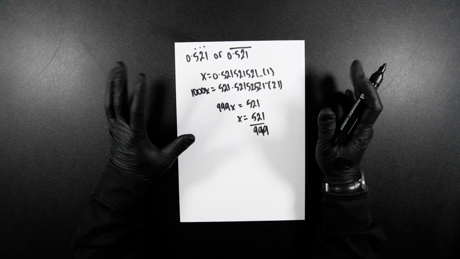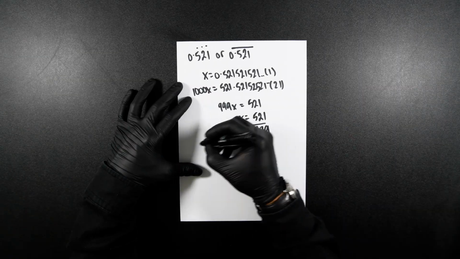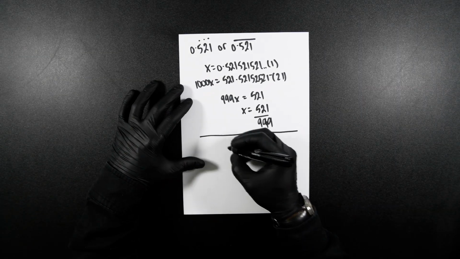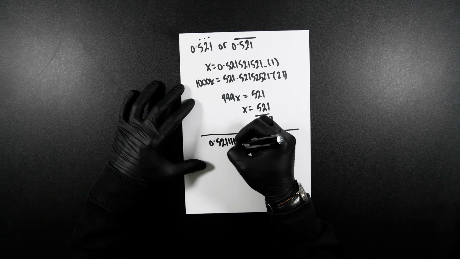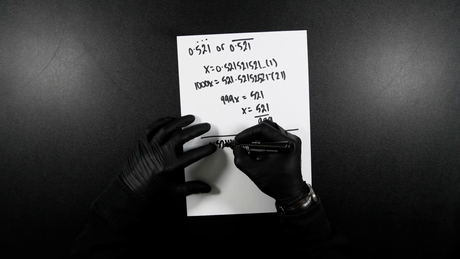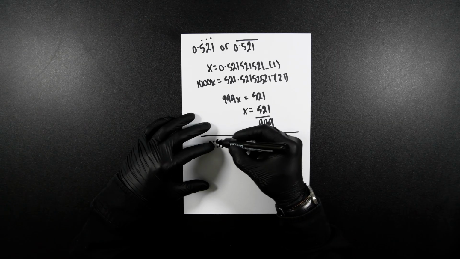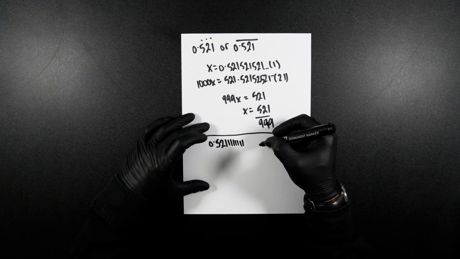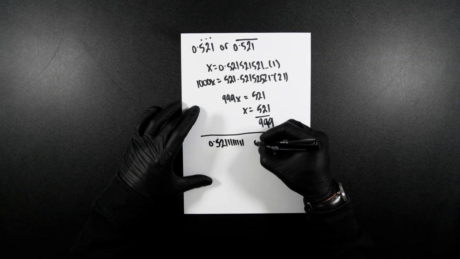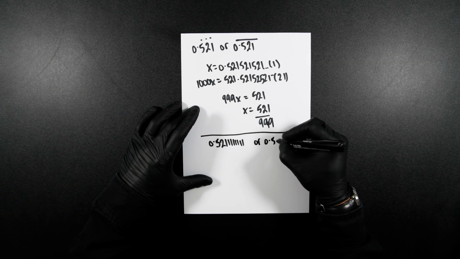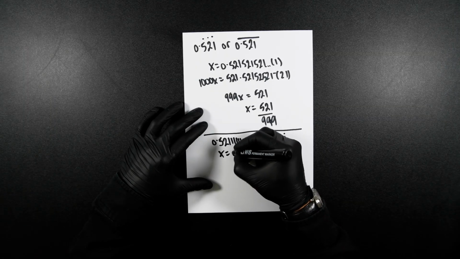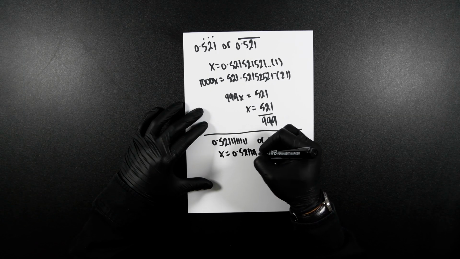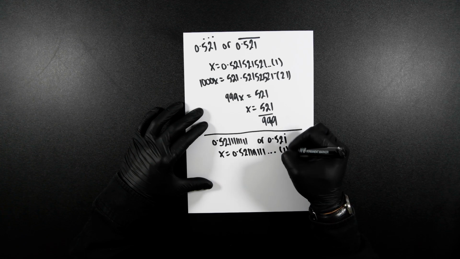So pretty simple, pretty good, we're pretty good. But let's make it a little bit more complicated. What if we have 0.52111111? So you've got two starting digits and then one recurring number. This is going to look like, or 0.521 dot, yeah? So we have x equals 0.5211111, which is 1.